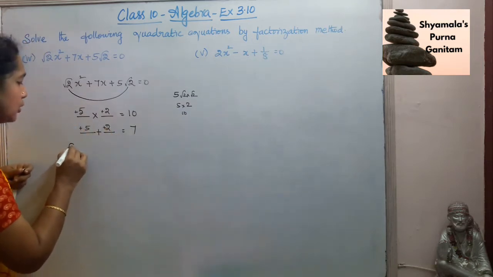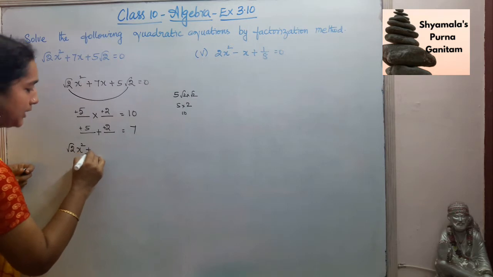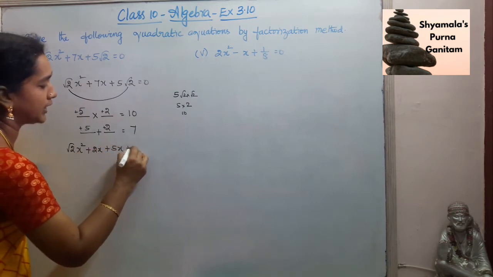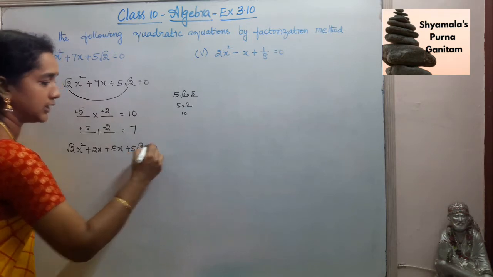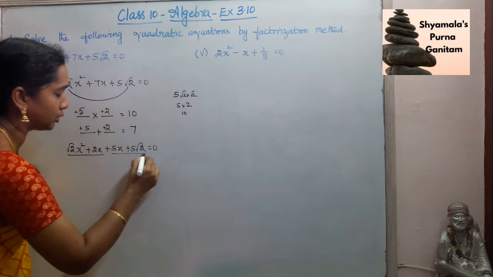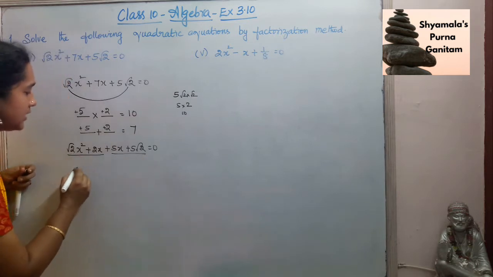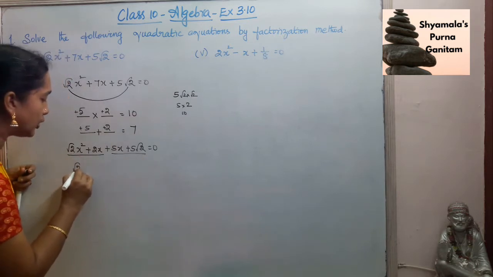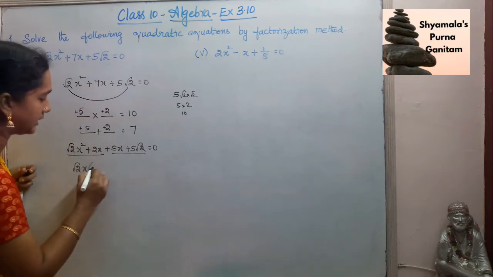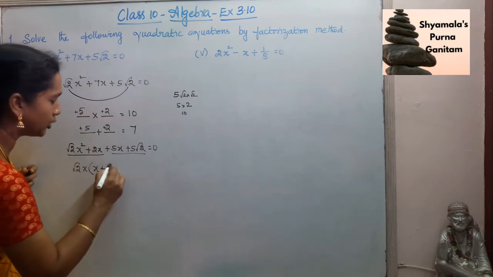So root 2x squared plus 2x plus 5x plus 5 root 2 is equal to 0. Now we combine the first two terms and the next two terms. In the first two terms we can take root 2x as the common term. The remaining terms are x plus root 2.